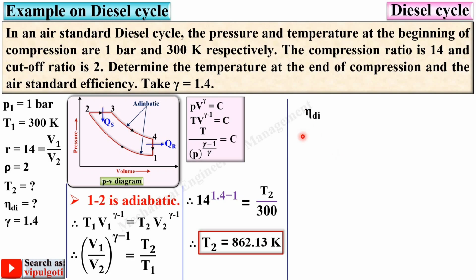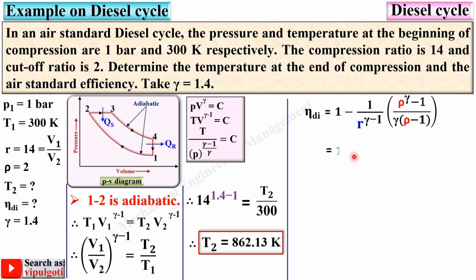Now the second objective, efficiency of diesel cycle. So once again you know that efficiency of diesel cycle is equal to 1 minus 1 upon r raised to gamma minus 1, in bracket this factor. My dear friend, you should remember this formula for the efficiency of diesel cycle. Now put the value in this equation.